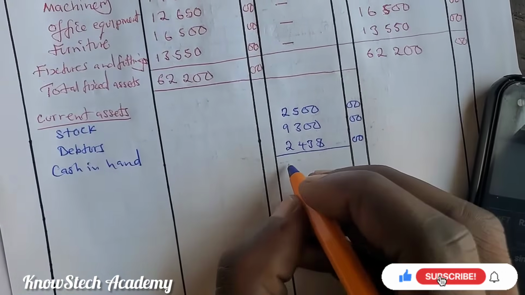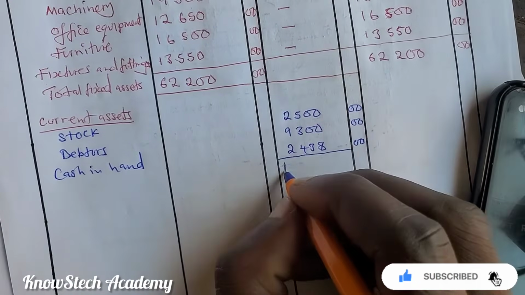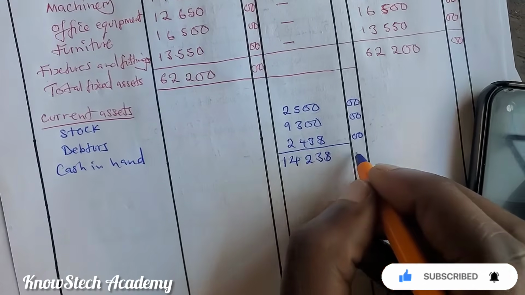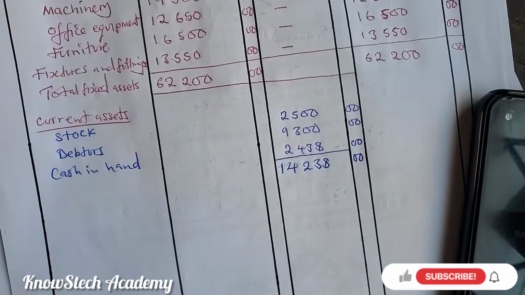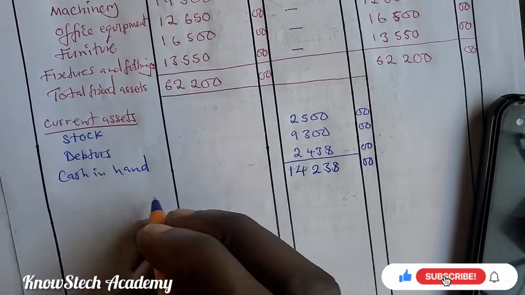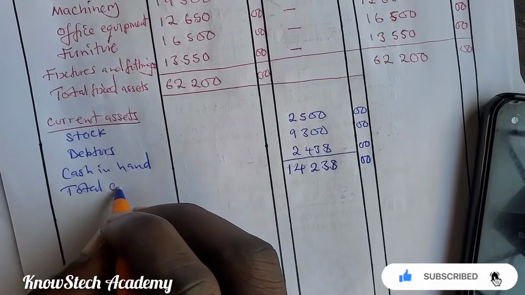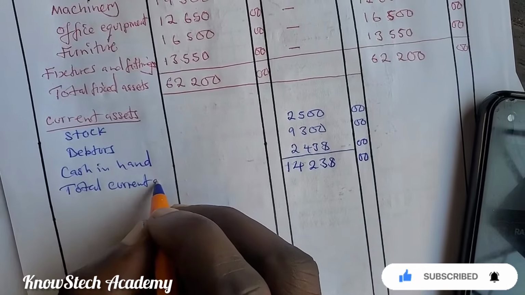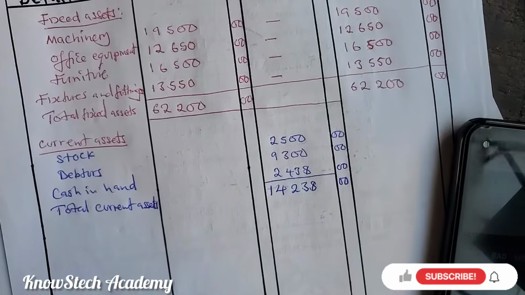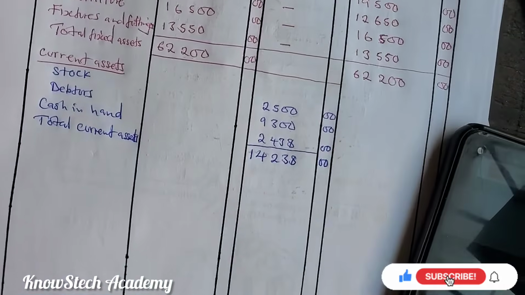We just write it down here, and we don't take it anywhere. This amount is called the total current assets. When you are done with the current assets, we go to current liabilities.